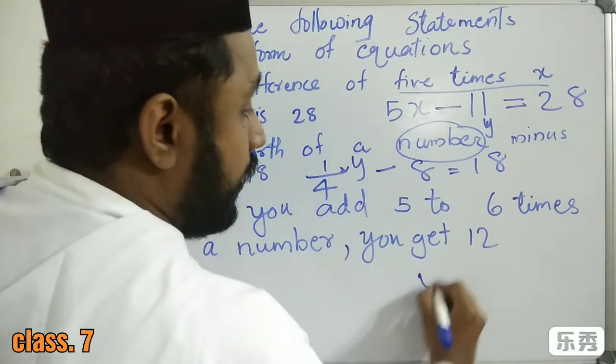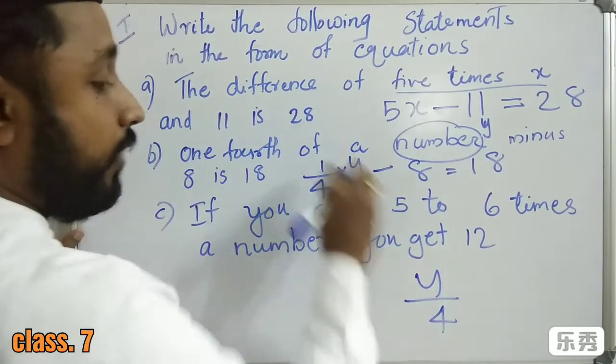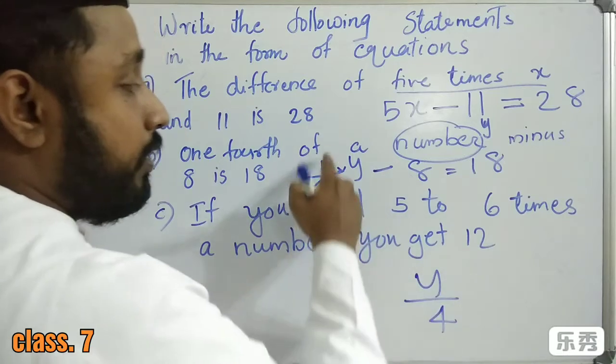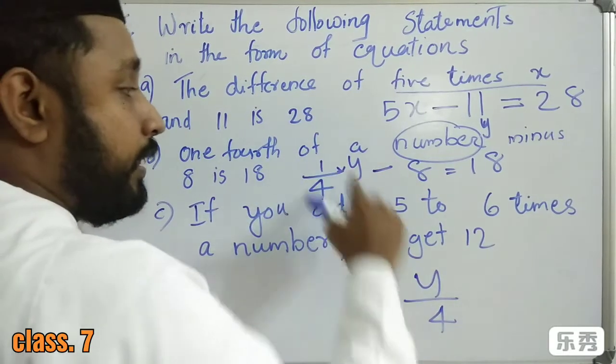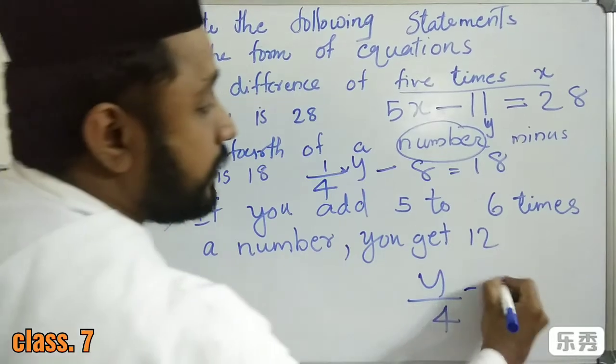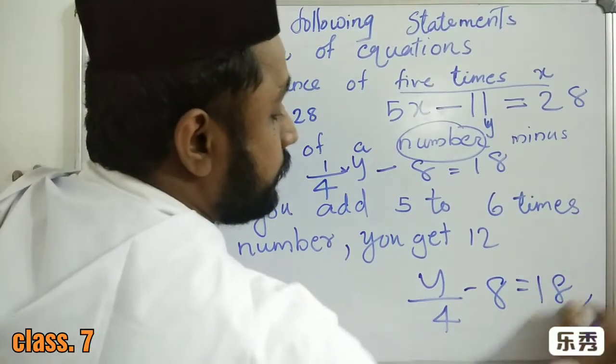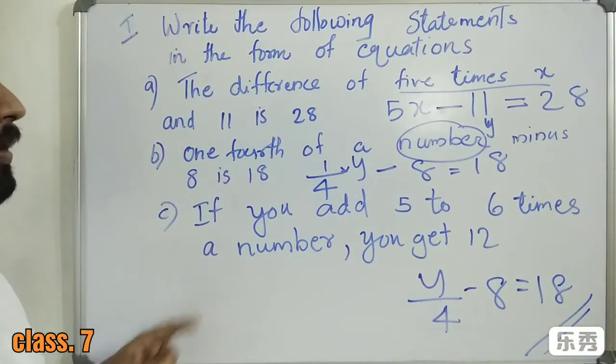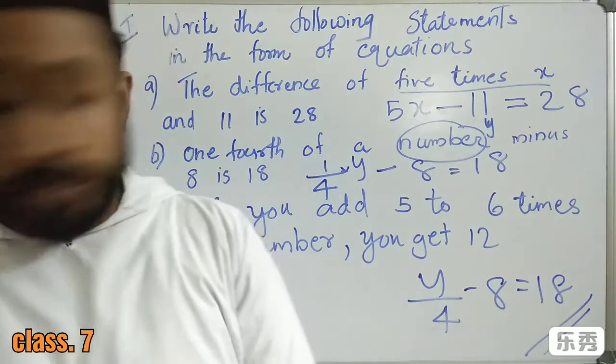We know that for a fraction with a whole number, we multiply the numerator with the whole number: y into 1, y by 4, minus 8, which is equal to 8. So 1 by 4 of a number minus 8 is y by 4 minus 8, which is equal to 8.